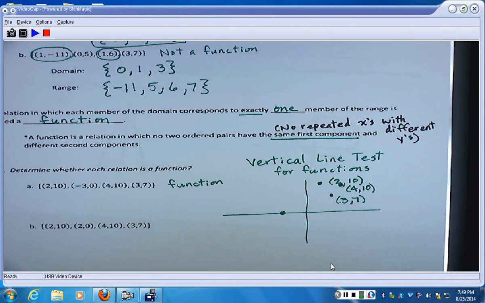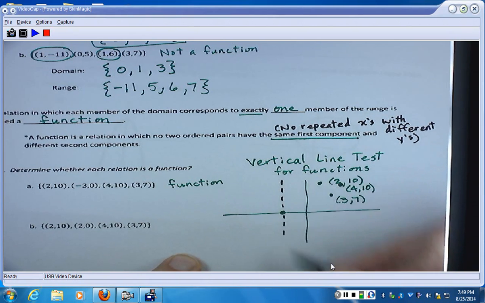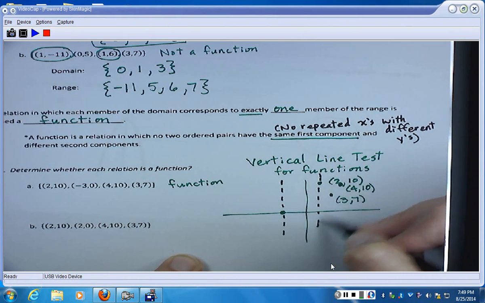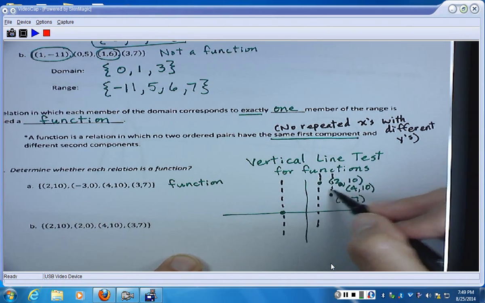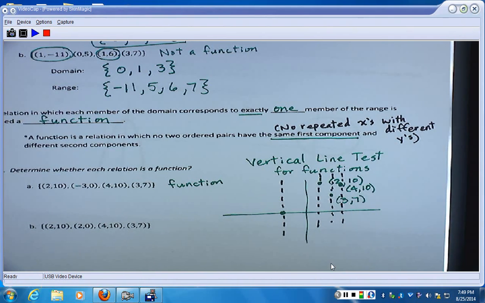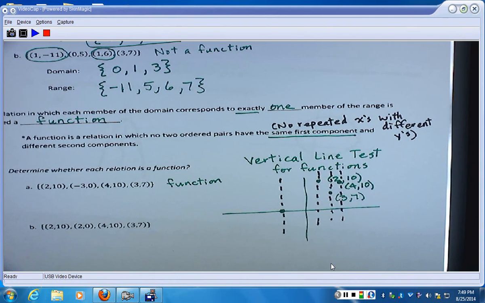Notice that if you draw a vertical line, you can only draw one through one point. I like to use the vertical line test on relations like this too, because it's hard for me to remember, can there be 2 x's with different y's, or 2 y's with different x's?